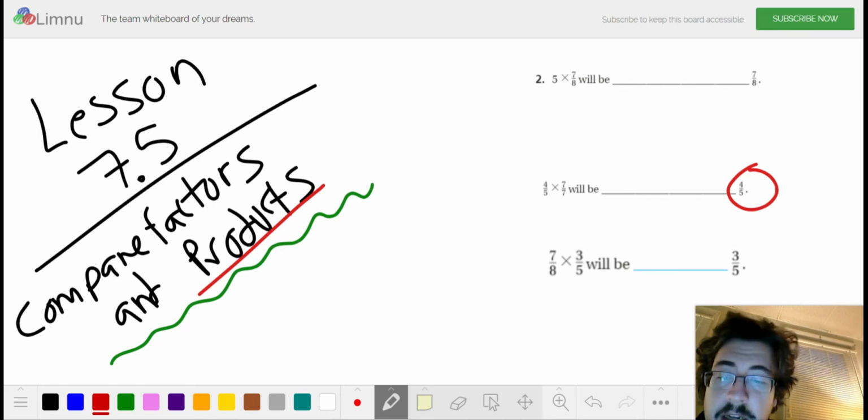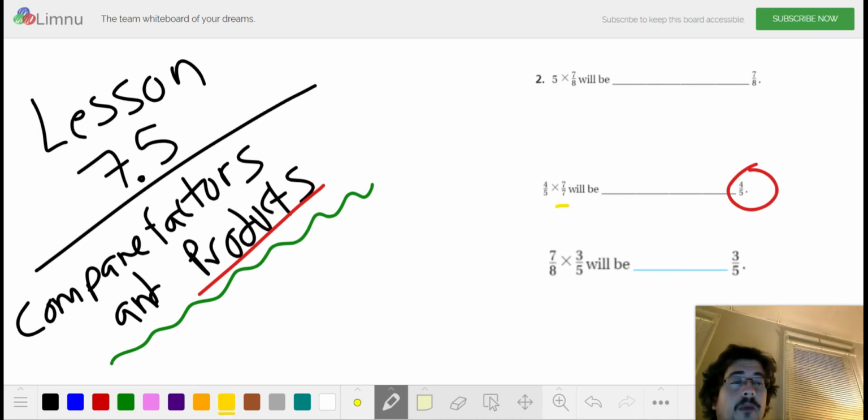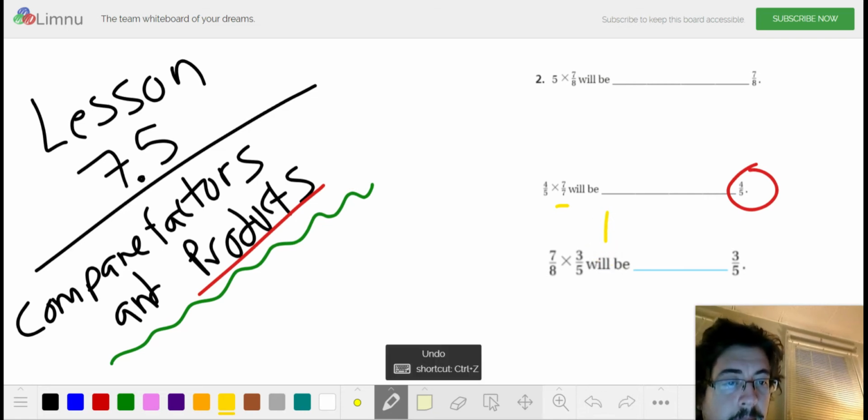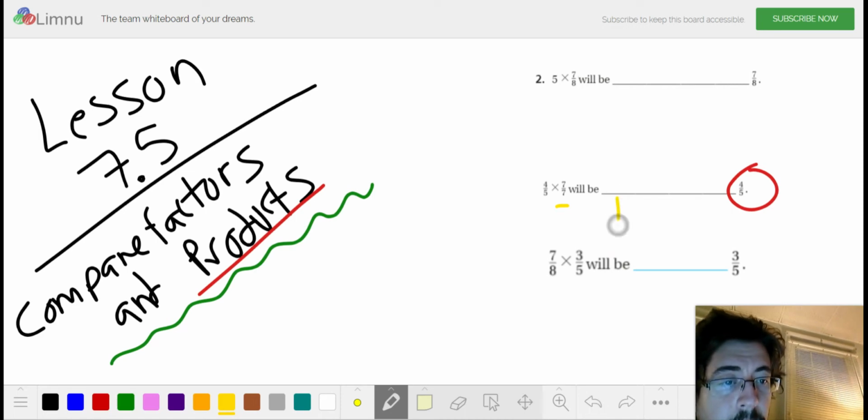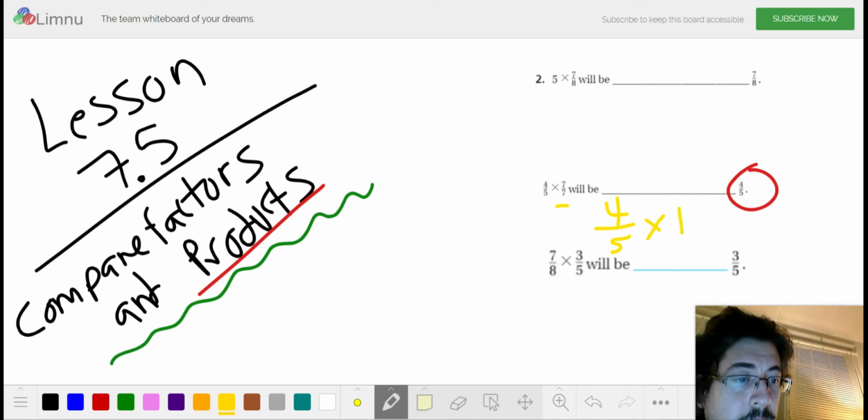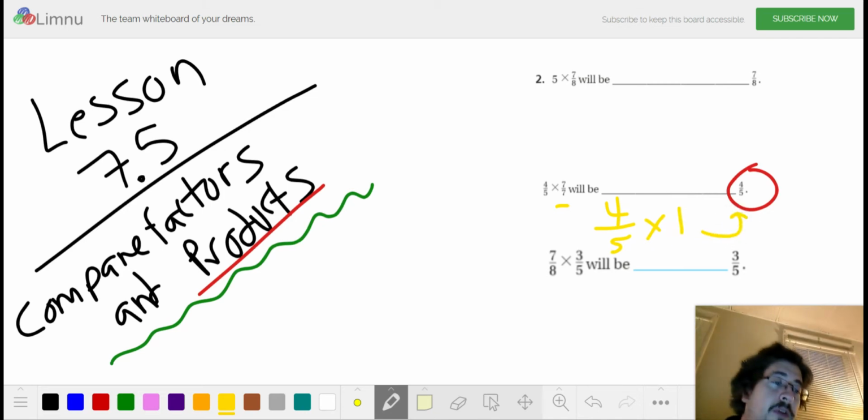The fraction that is not 4/5 here is 7/7. And we should know by now that 7 over 7 is just the same thing as 1. And 4/5 times 1 is going to be equal to 4/5.